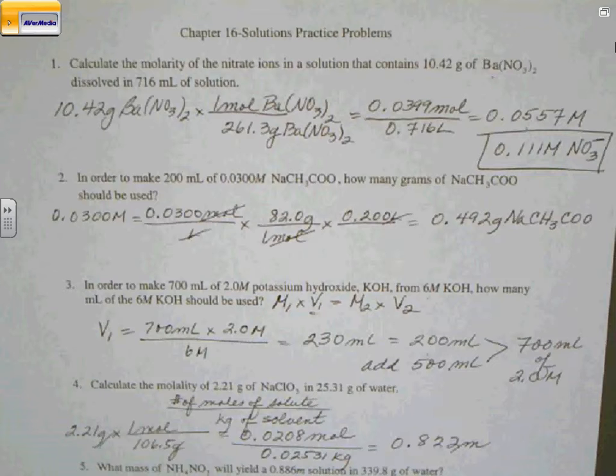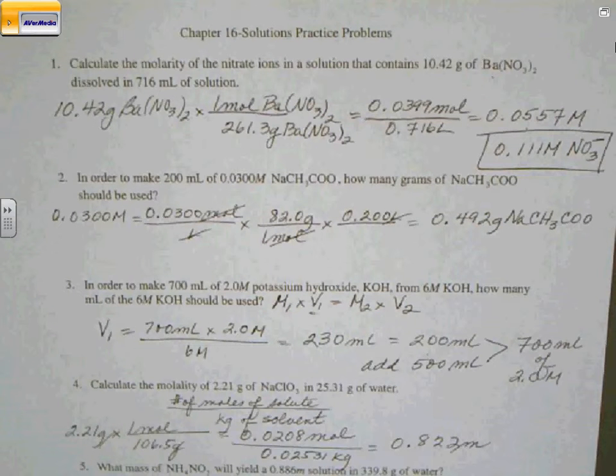Alrighty. Problem number 3. In order to make 700 milliliters of a 2.0 molarity of potassium hydroxide, how many milliliters would you need of the strength of 6 molarity? Well, this is obviously a dilution problem, and the formula for dilution is the molarity of the first times the volume of the first will equal the molarity of the second times the volume of the second.